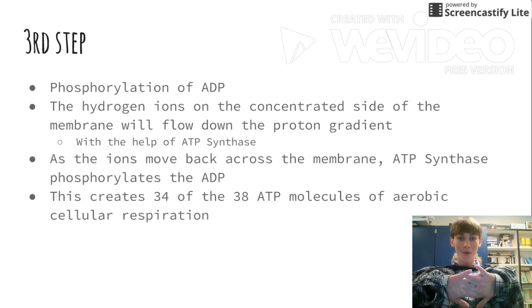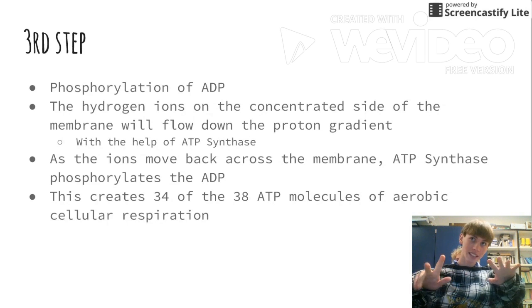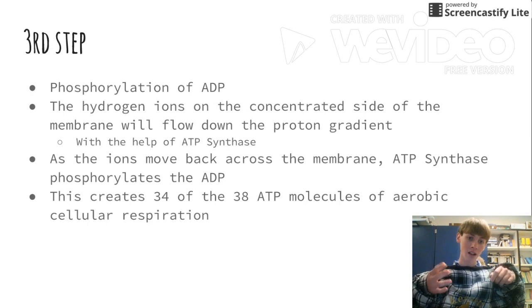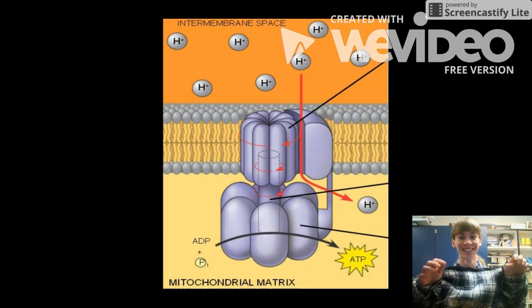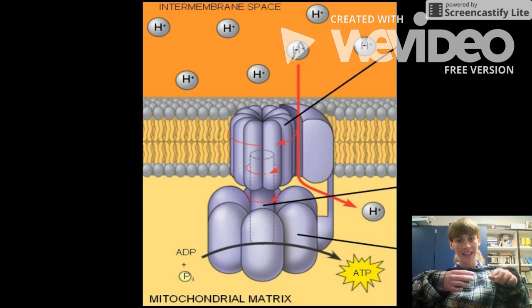As the ions move back across the membrane, ATP synthase phosphorylates, adds a phosphate to ADP to create 34 of the 38 ATP molecules of aerobic cell respiration, which can now be stored and used as an energy source for the cell. Here you can see the hydrogen ion gradient as the hydrogen ions pass through ATP synthase as ATP is formed.